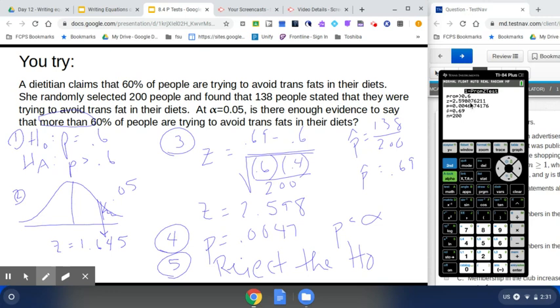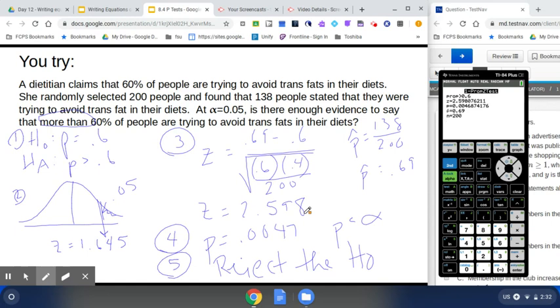I went to the calculator, guys, and I used the 1prop z-test function. It told me that the test statistic comes out to 2.598. The p-value is 0.0047. I rounded that.